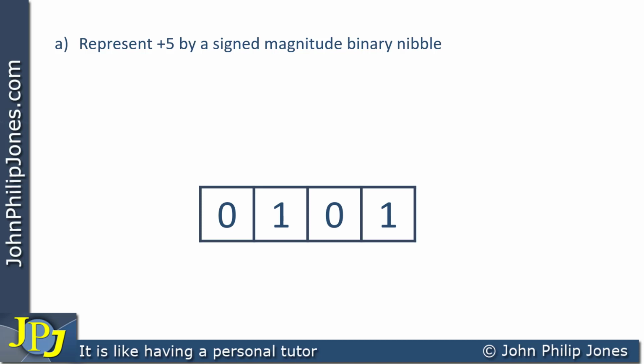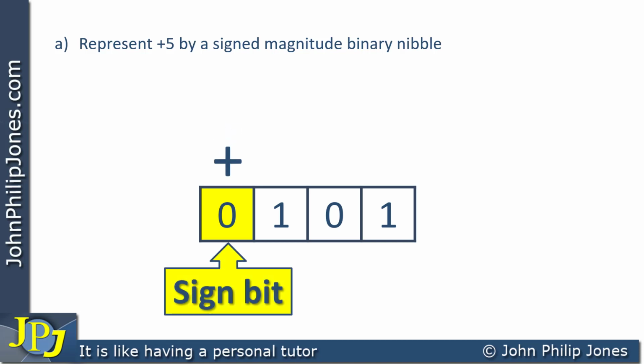However, we can now consider this as a signed magnitude representation, and that is achieved by realizing that the bit I've shaded in yellow represents the sign of the number, and because it's 0, the sign bit is positive.